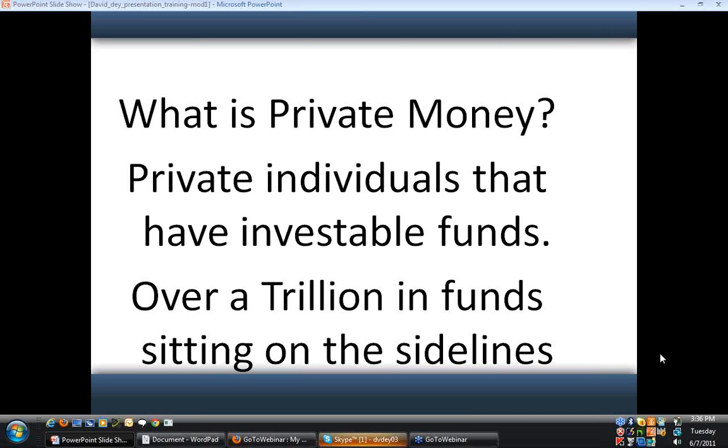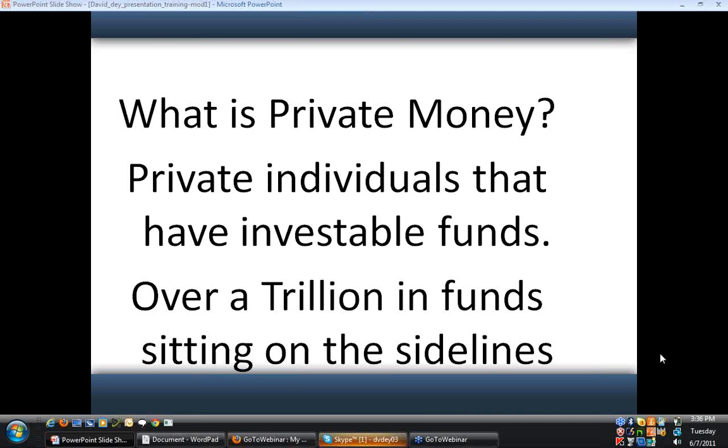There is so much money. There is literally over $1 trillion in funds right now that are sitting on the sideline, that are not making the returns that they should be, that are just sitting either in accounts at the bank or maybe in CDs earning 1% to 2%, but are too scared to do any active investing.